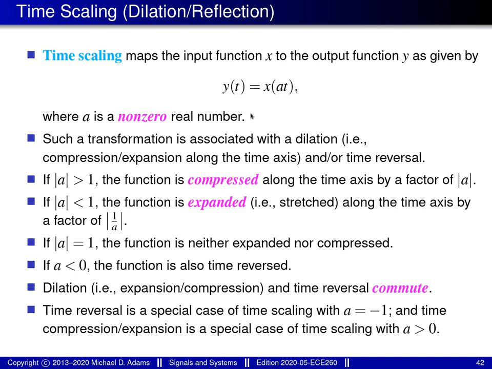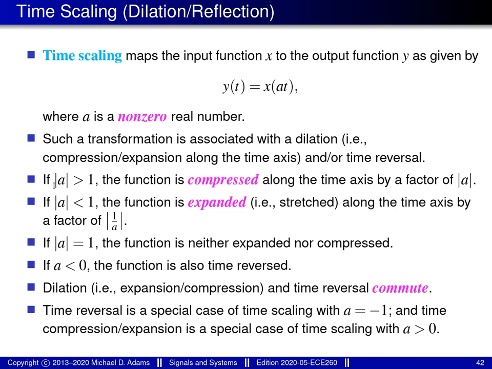You can probably see that it's somehow going to be related to both dilation and time reversal. The reason why is if we choose a to be strictly greater than 0, then this equation becomes the same as in the case of dilation, in other words, time compression and expansion. In the case that we choose the constant a to be -1, this equation becomes time reversal. So you might guess that this transformation is a combination of both of these things, and in fact it is.